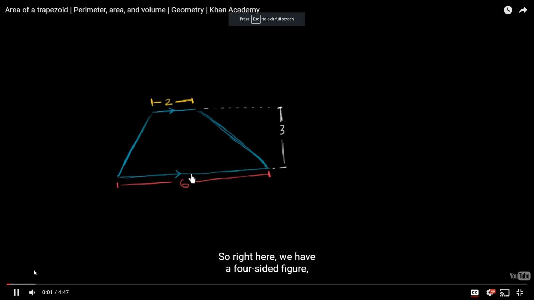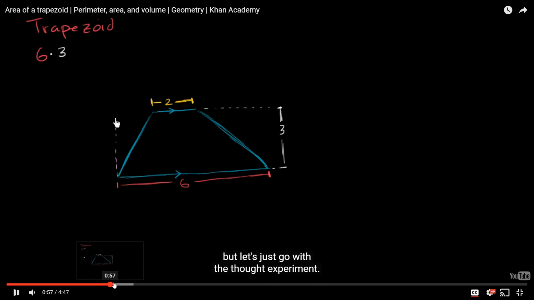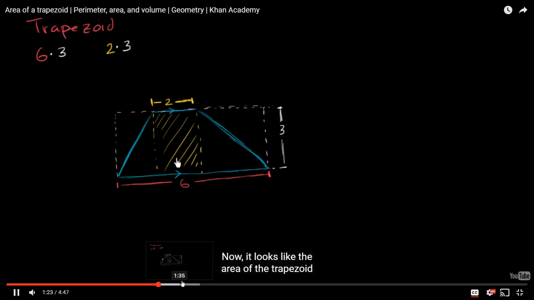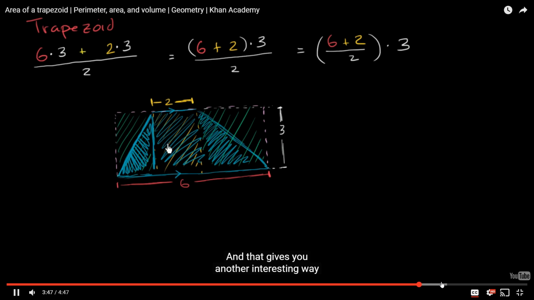Okay, yeah, you add them up and you divide by 2 and then you multiply by the height.